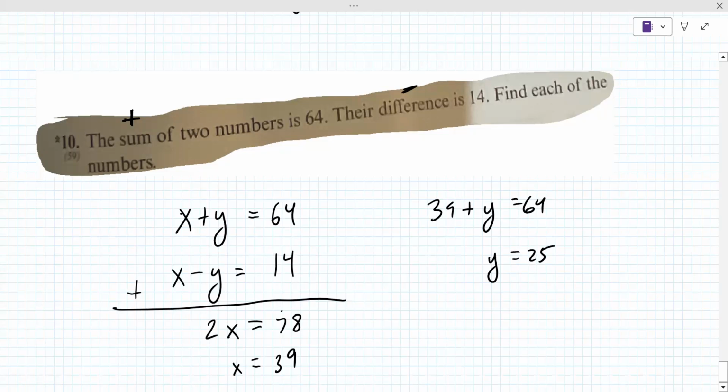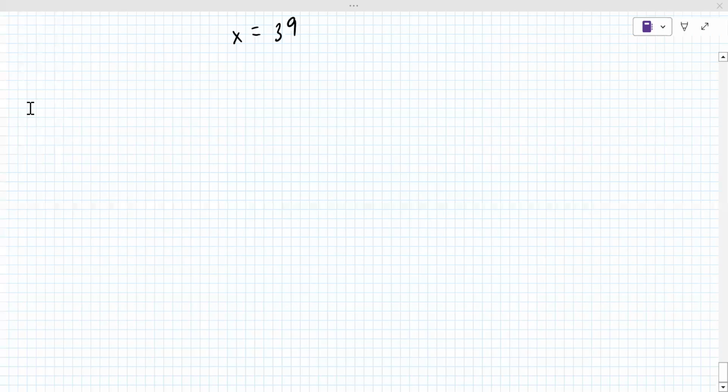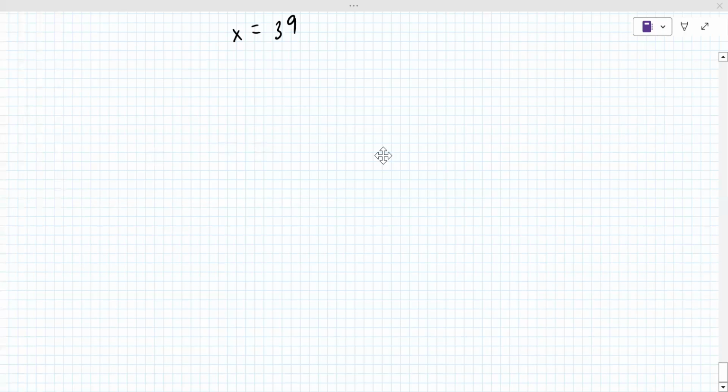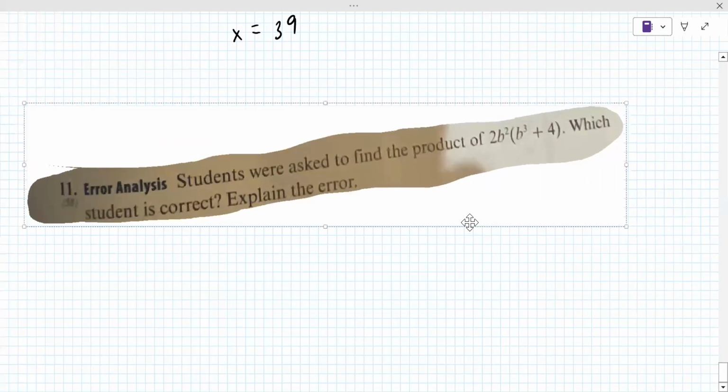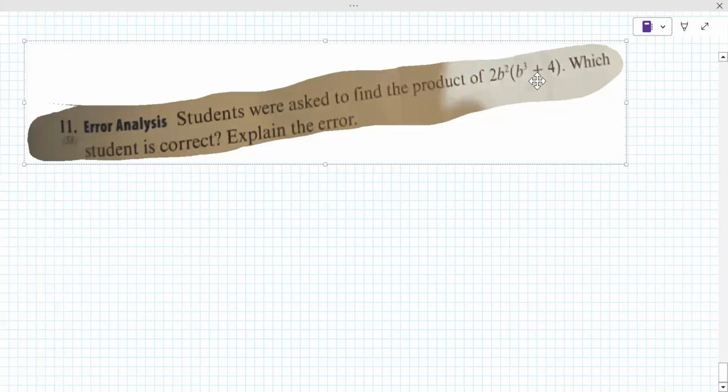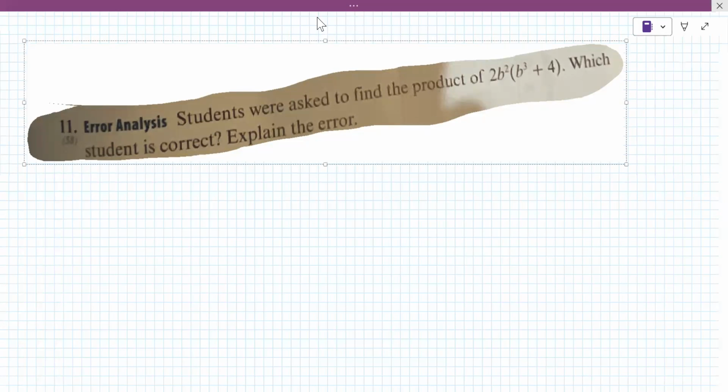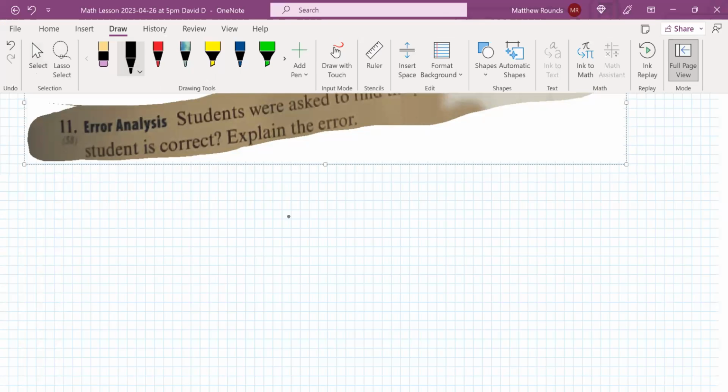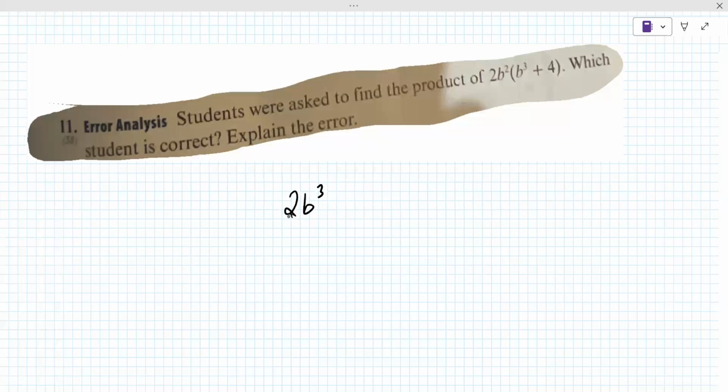All right. So moving on to number 11. All right, students were asked to find the product of 2b squared times parentheses b cubed plus 4. Which student is correct? So what I really recommend is doing the calculation here, and that starts by writing it correctly.